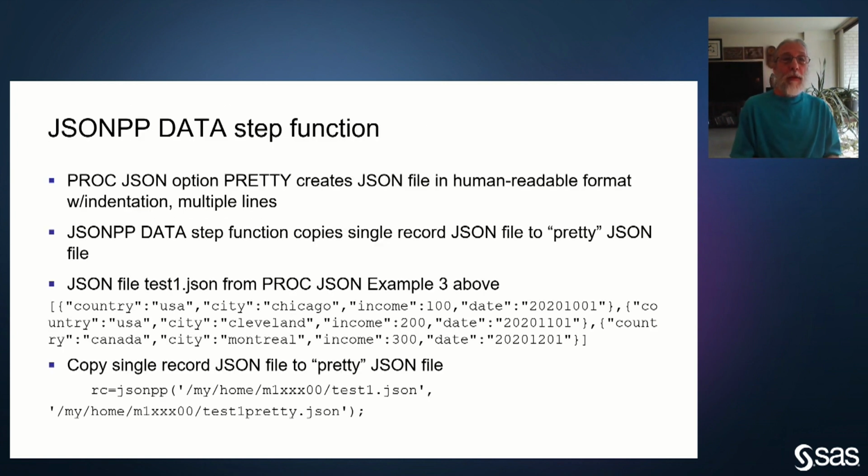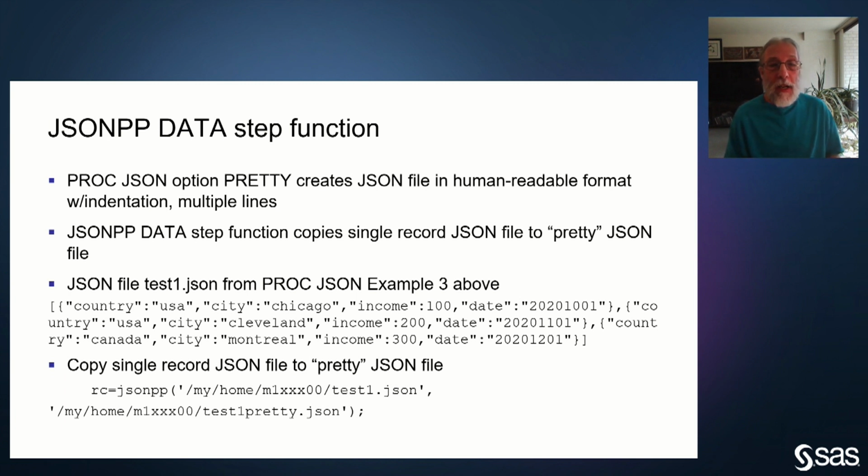Last topic, the JSON PP data step function. We talked at the beginning about how the pretty JSON file is human readable, spread out with indentation and lots of lines, that otherwise it's all just one continuous line. Should you have a one continuous line JSON file like the one shown at the middle of this slide, and you'd like to convert it to a pretty JSON file, you can use the JSON PP function as shown at the bottom of the slide.